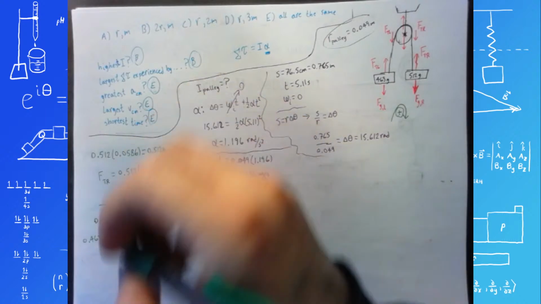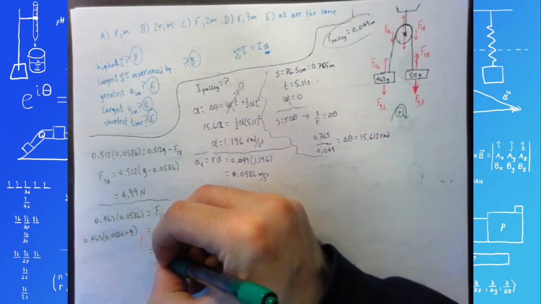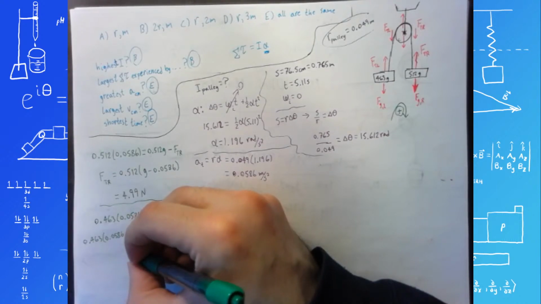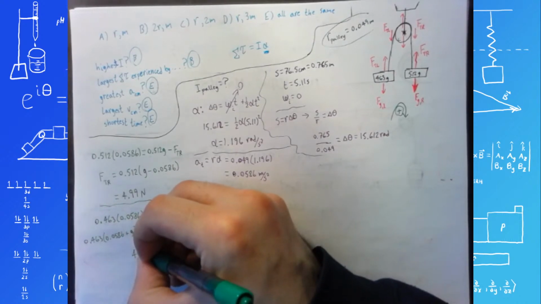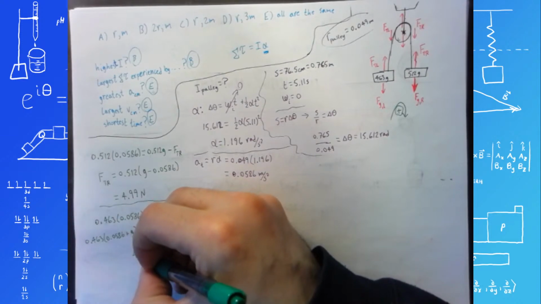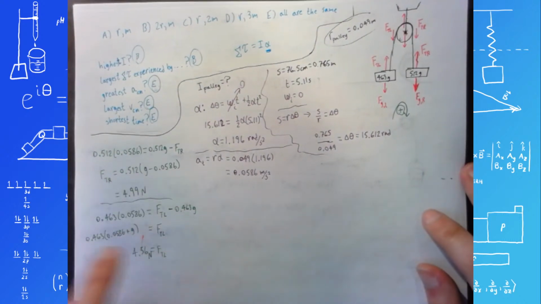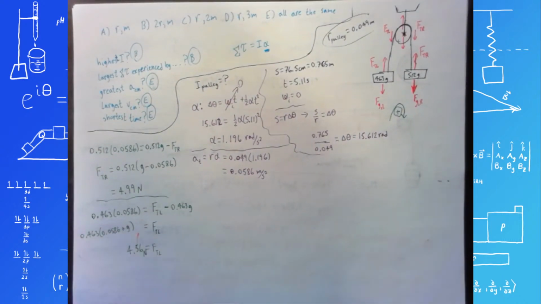Okay, that's actually a noticeable difference. So force of tension left equals 4.56 newtons. I'll just round it to 2 decimal places like I did with the other tension. Okay, that's not a negligible difference between the two. If I subtract the two, that's going to be 0.43 over 4.99.